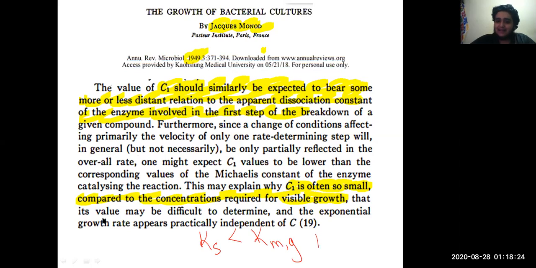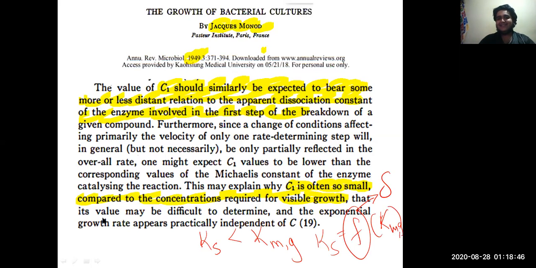And he said that his constant Ks is a function of Michaelis-Menten's constant Km. Although he did not use the terms Michaelis-Menten and substrate utilization constant, he pretty much concluded that in these lines. And with the flux-based analysis, we also know that this function is nothing but delta.